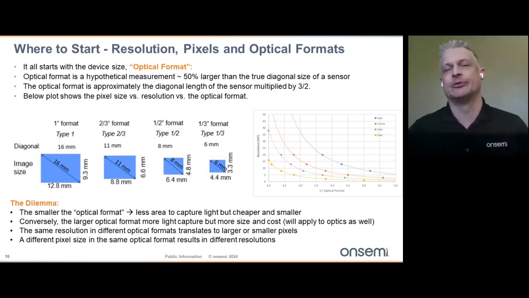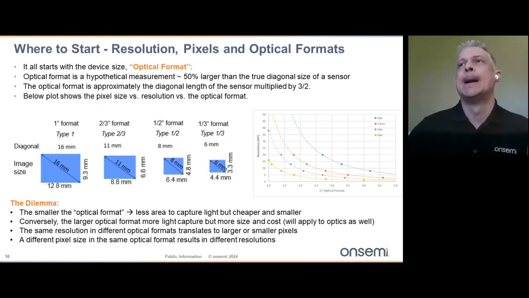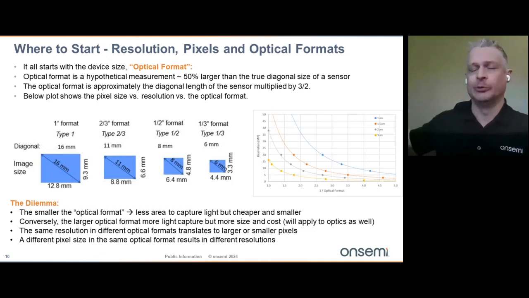So if you have a higher resolution in a bigger optical format with a bigger pixel, it's better performance-wise than doing it in a smaller size, but at the same token, there's a cost trade-off. And this is always the big dilemma in the imaging industry, and why on the prior slide I had said that the pixel technology at the heart of it is the key thing that is continuing to improve.